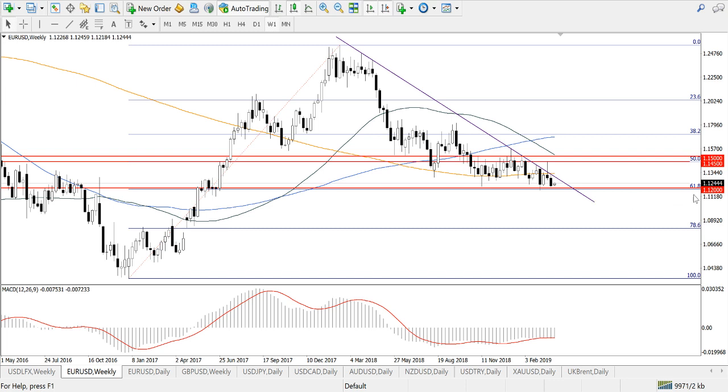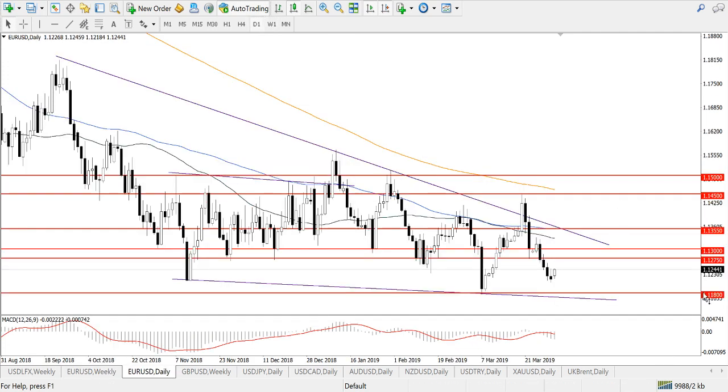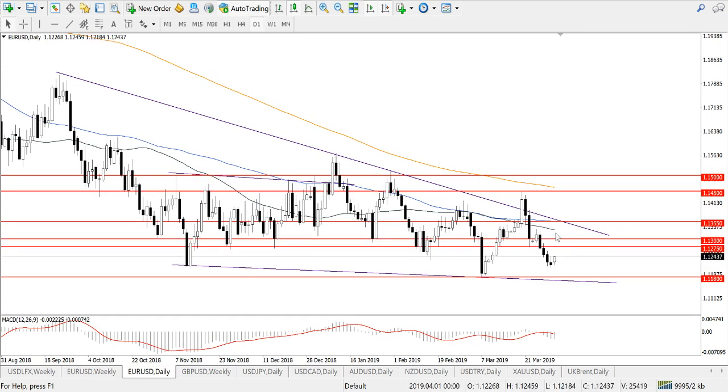Support is still in the area of 1.12, and it guards euro-dollar from deeper declines towards 1.10 and lower. On the daily chart, we can see resistance levels euro-dollar will face as it tries to recover. And we can assume that the situation will remain more or less the same.